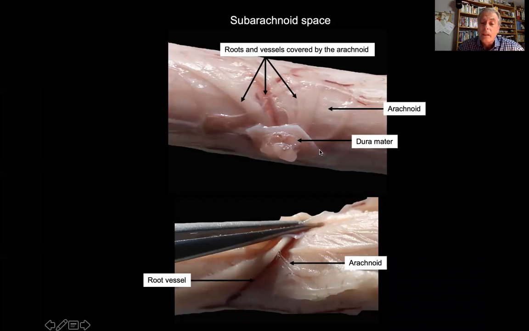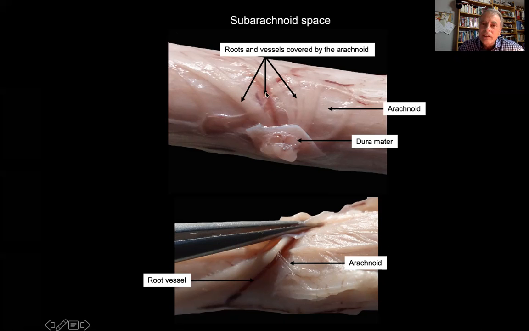Now, we are going deep. We have removed the dura. Here is the dura that has been sectioned. This is a spinal nerve, okay? And with the roots that are going to form the dorsal root, okay? And as you see here, I haven't removed the arachnoid yet.